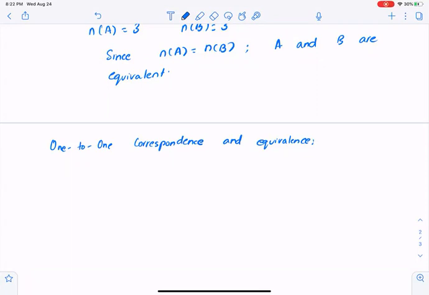Well, if I pick an element A, there is a match for that element B. It could be any element, but there is a corresponding match, exactly one of them.